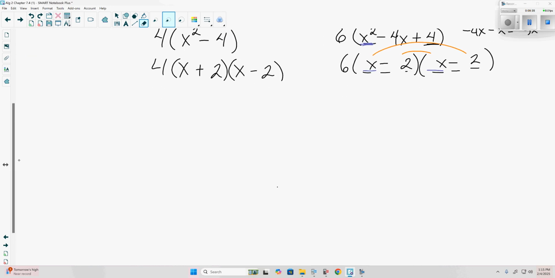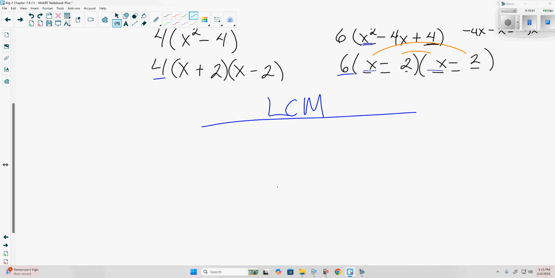All right. Least common multiple. Now that we have them factored, we're going to find the least common multiple. So let's start with 4 and 6. 4 and 6 is kind of nice. They're both small numbers, so we can do the skip counting method or the factors.